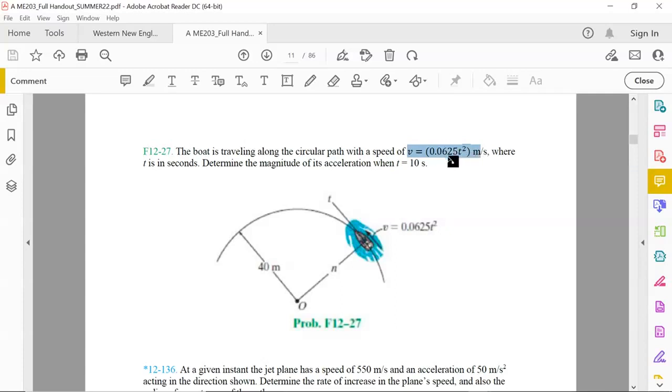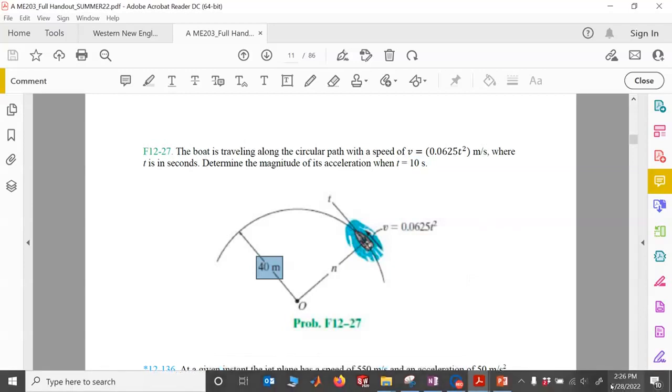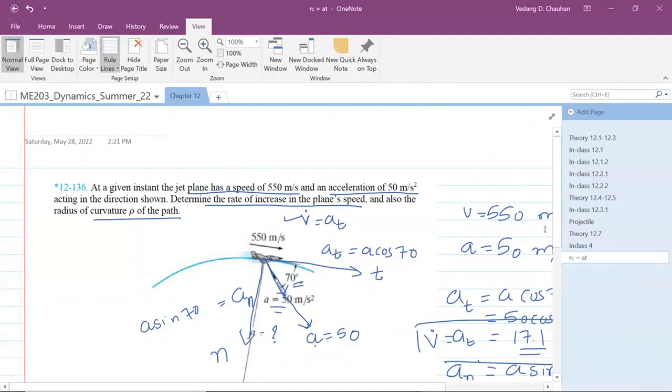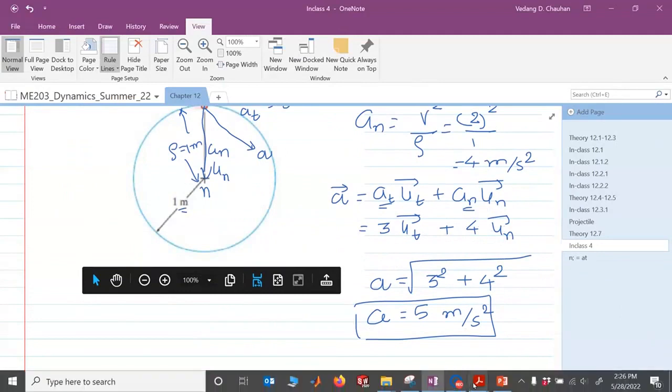So you take dv by dt, and in that equation you substitute t equal to 10, and that gives the tangential component of the acceleration. And the normal component of the acceleration will be v square divided by the radius of curvature, which is 40 meters given in the diagram. And then you apply the same strategy by calculating separately the normal and tangential components of the acceleration. You can actually apply the same steps that we have applied here. You can write the total acceleration as a vector and calculate the magnitude. So try to solve this problem yourself.